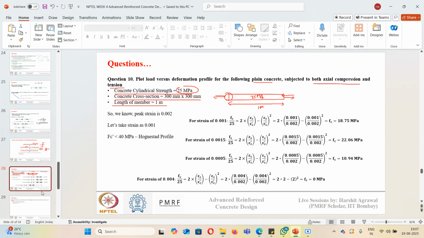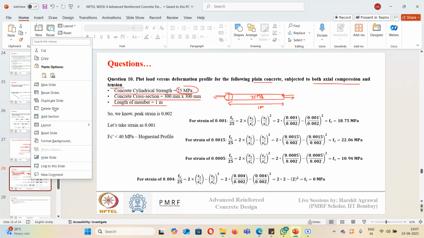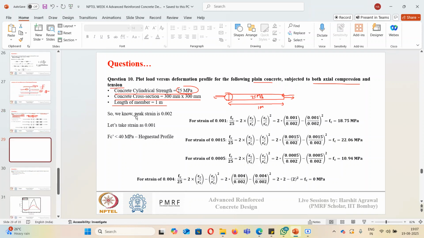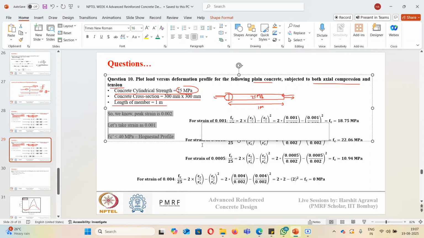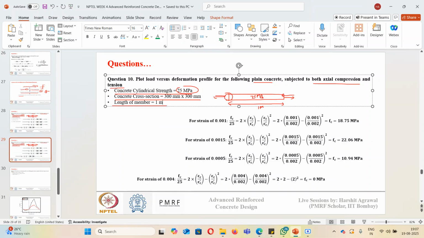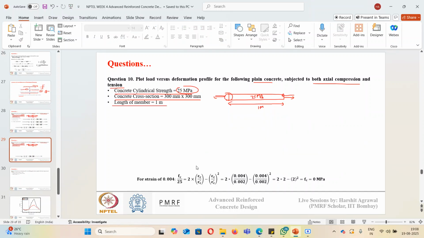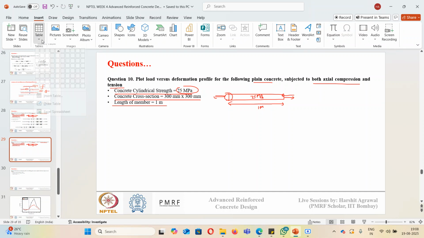So how do we derive the load versus deformation from this? We'll just create a simple table. Let me delete these equations. I will just insert a simple table.